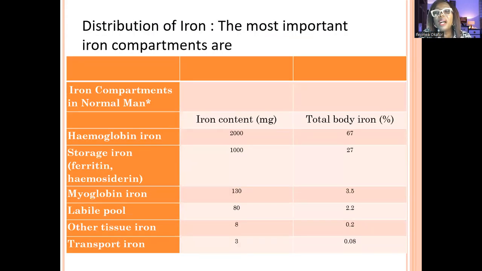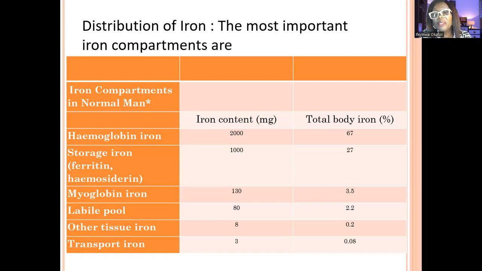Now, iron is found in many compartments. We have what we call functional iron. Functional iron is iron found as part of hemoglobin, myoglobin, or enzymes that are involved in many metabolic processes taking place in our system.